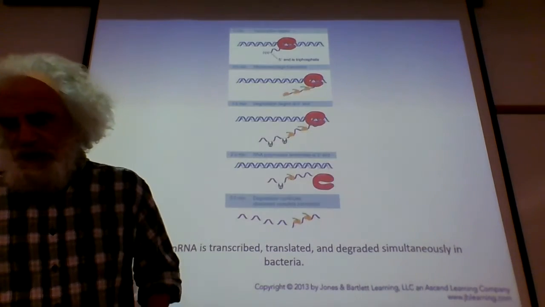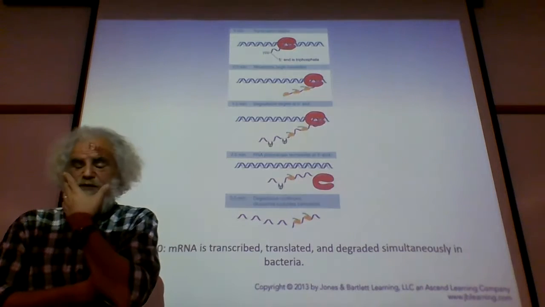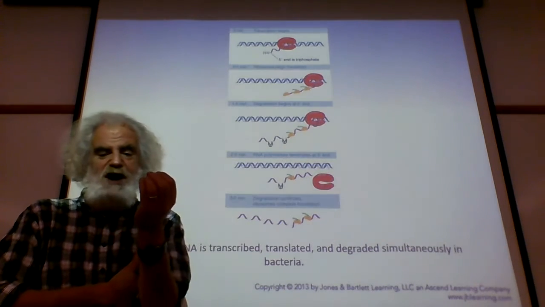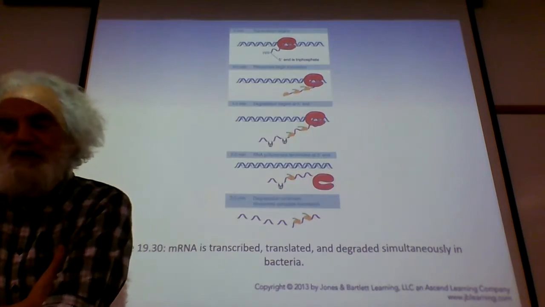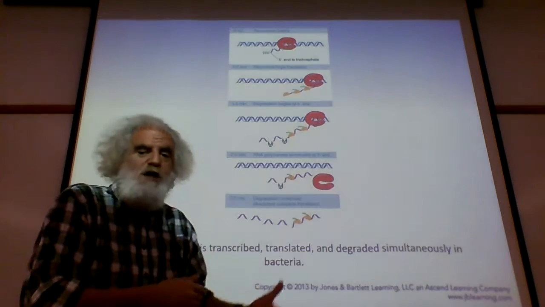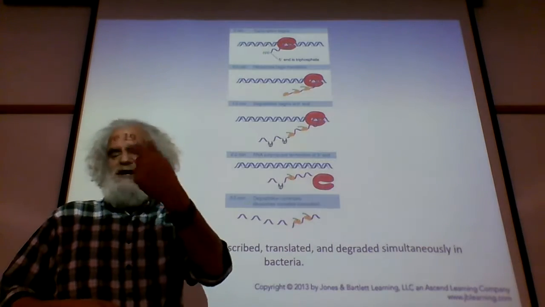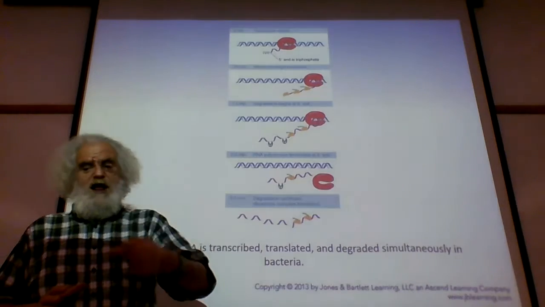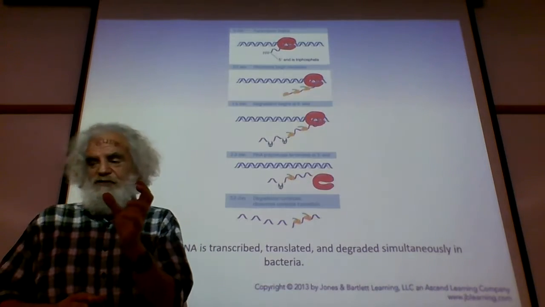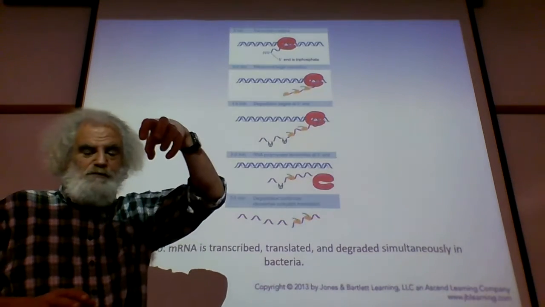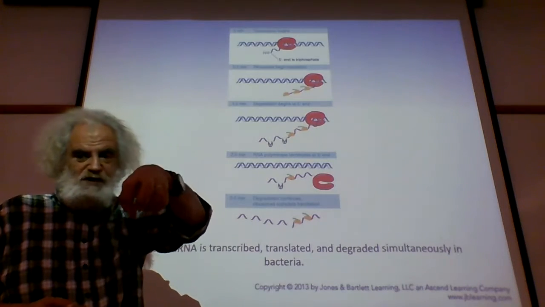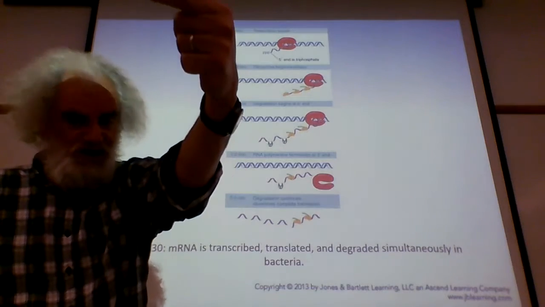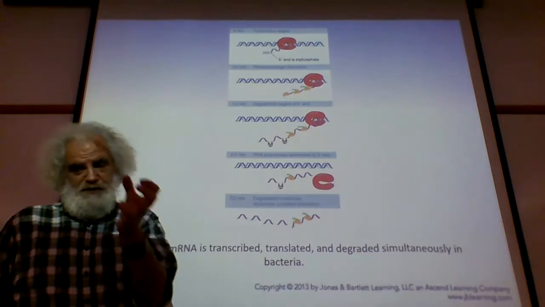Lastly, in bacteria, and just another difference between prokaryotes and eukaryotes, the messenger RNA is being transcribed and then immediately being translated. And once it's been translated, that RNA is being degraded. It's all happening at the same time. What this means is that an RNA is being produced as soon as the ribosome binding site is revealed. Ribosomes bind there and start translating, and the RNA polymerase is just staying just ahead of it, producing more RNA to be translated.